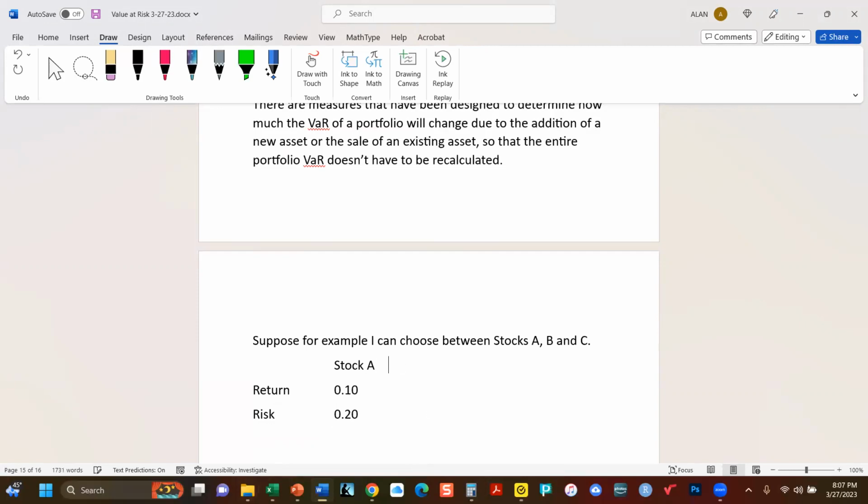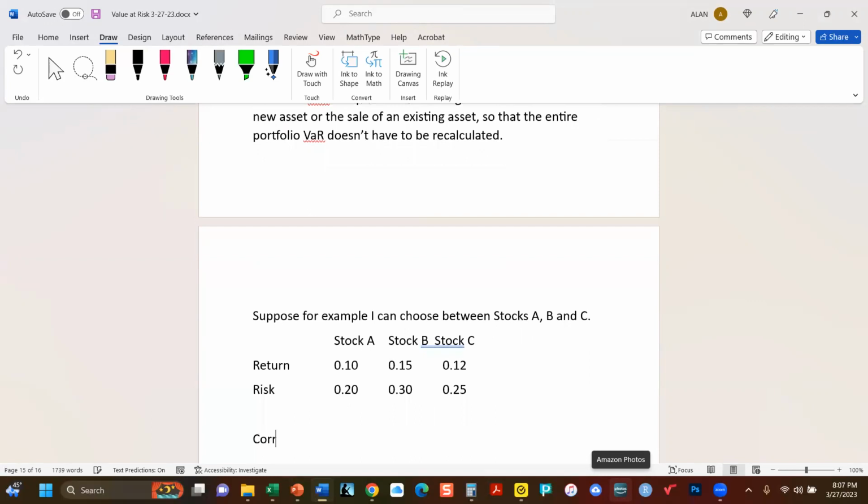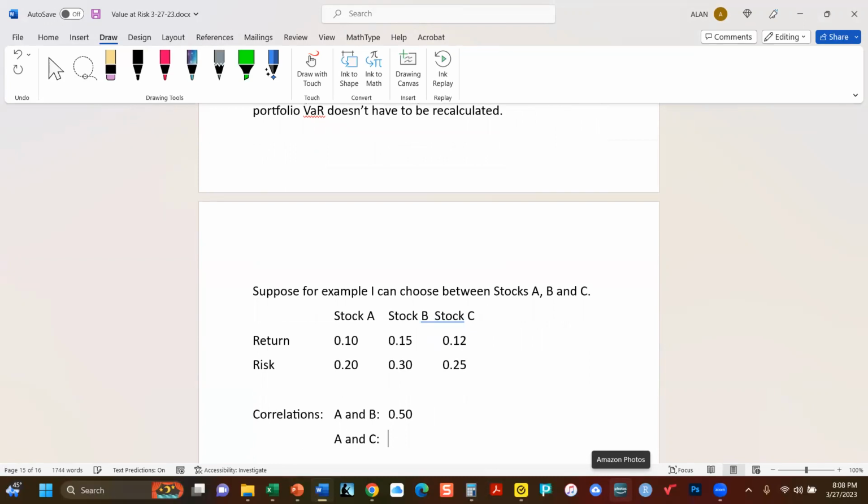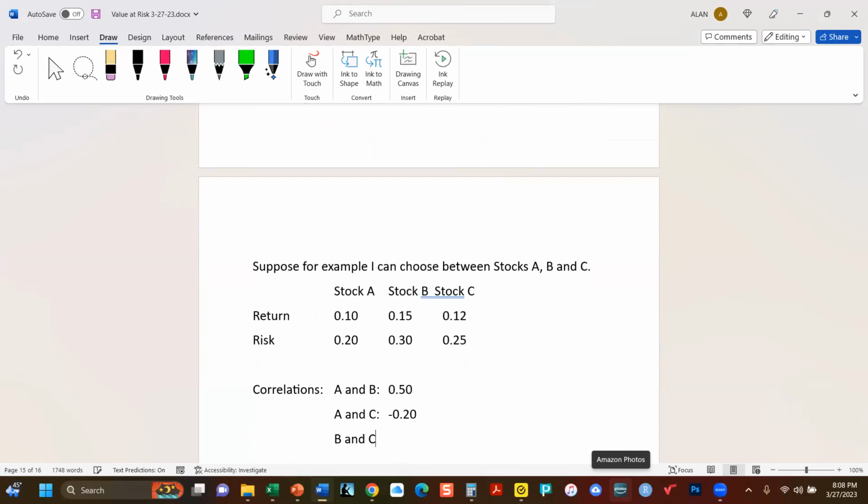And then we have stock B, and then we have stock C. And then we find out that the correlations A and B have a correlation of 0.50, A and C negative 0.20, B and C 0.